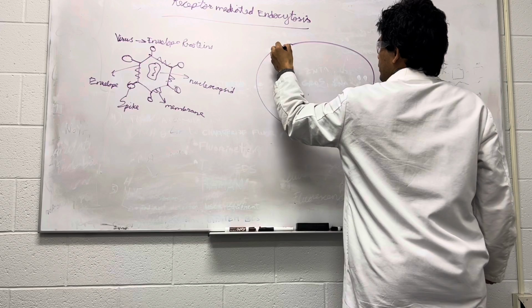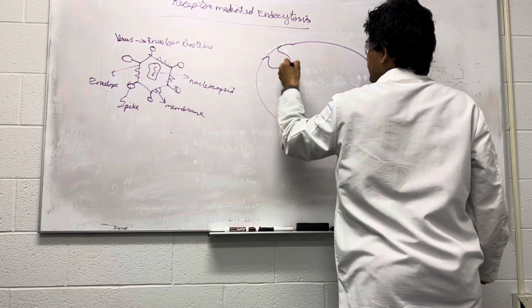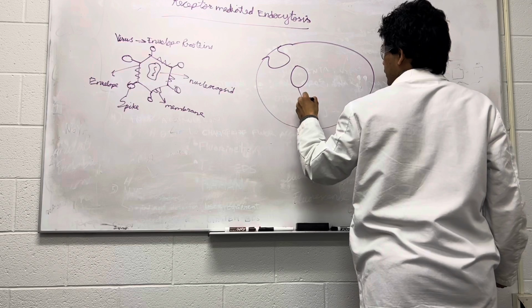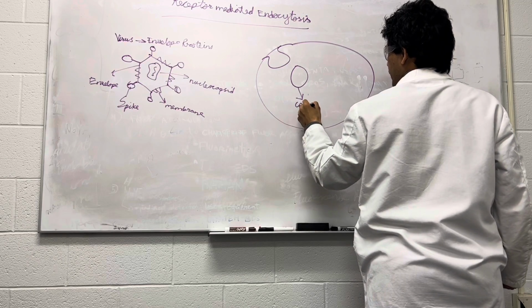When the endocytosis starts, it starts like this, and it comes within the cell. This is the coating of plasma membrane.